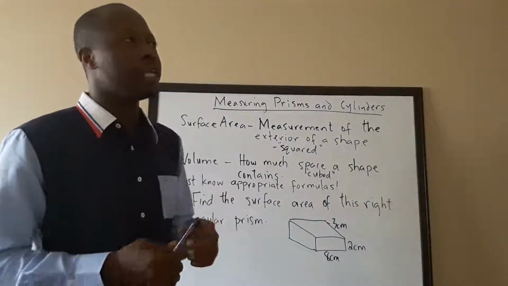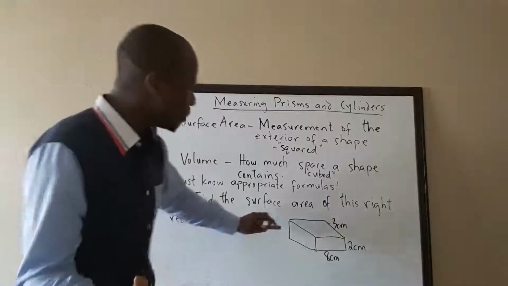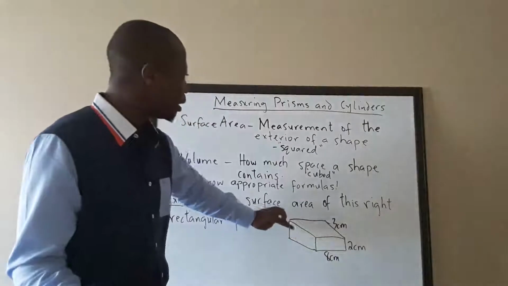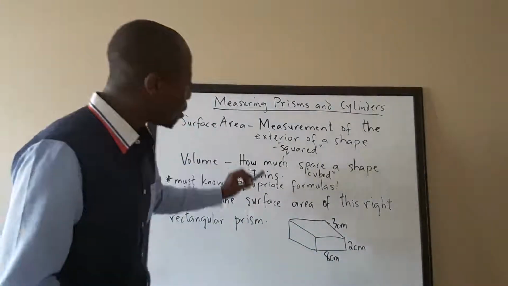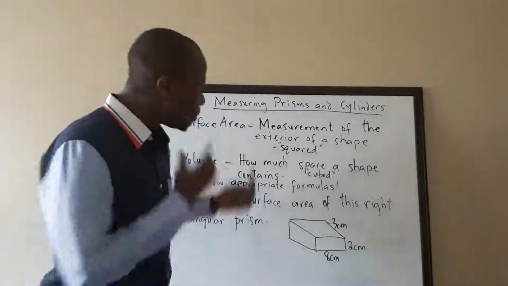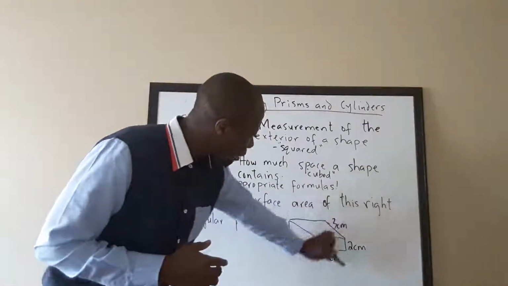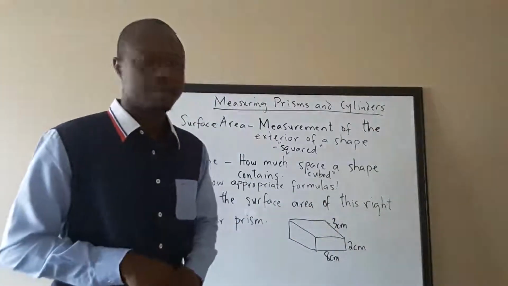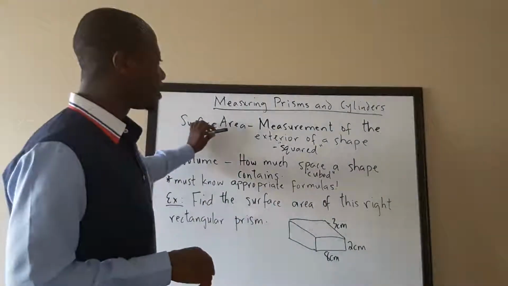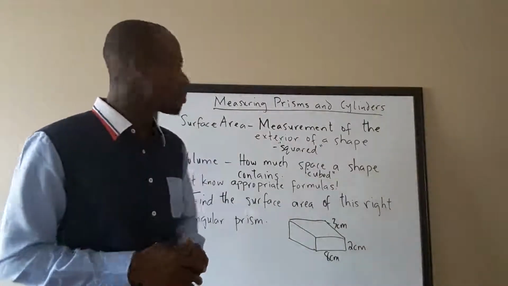For example, if you have a prism like this one and they're asking you for the surface area, that means you have to figure out the measurement of the entire exterior of that shape.